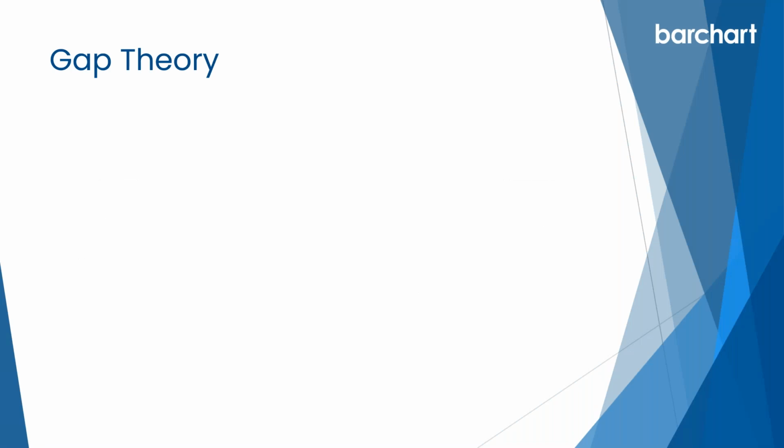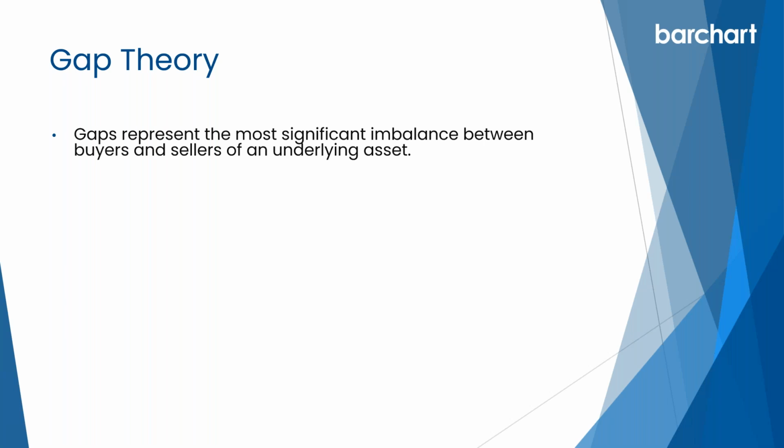All right, gap theory. So why is it important to understand gap theory? Well, because understanding the dynamics that are behind gaps and the role they play in trend analysis is paramount in trend recognition and discovering trading opportunities. They represent the most significant imbalance between buyers and sellers.